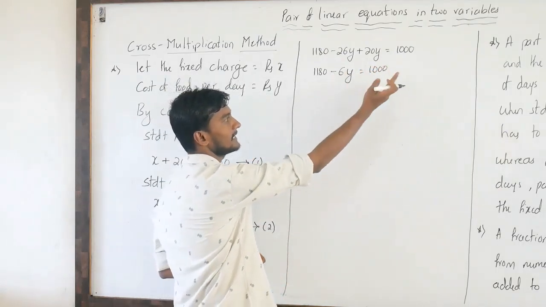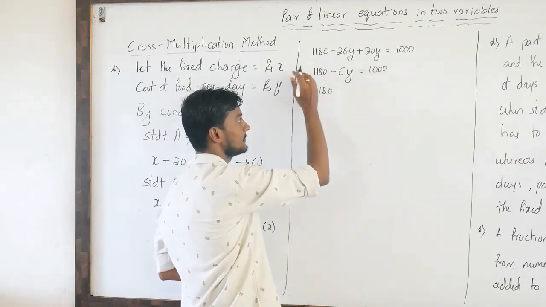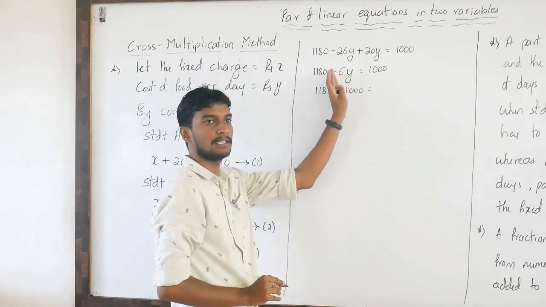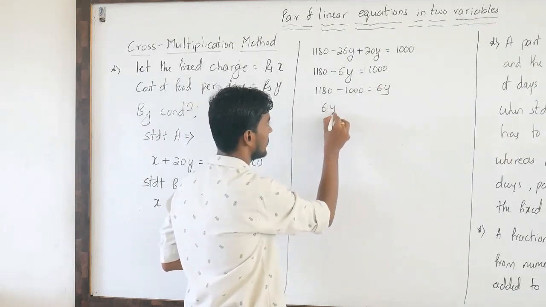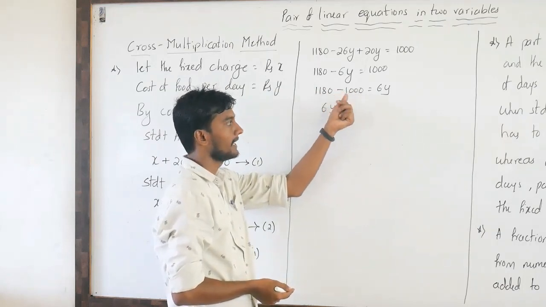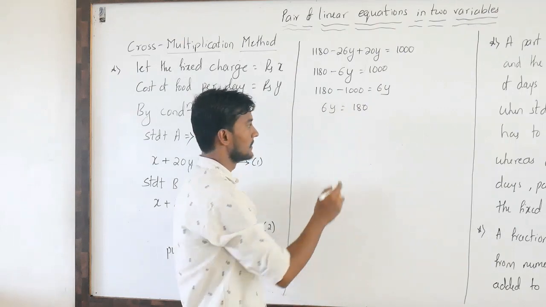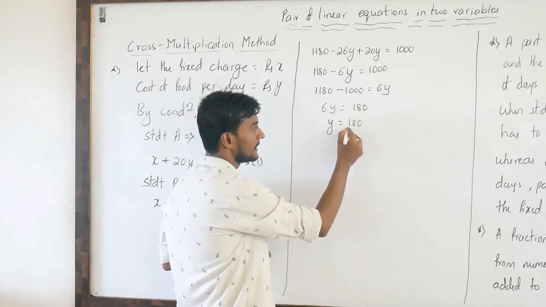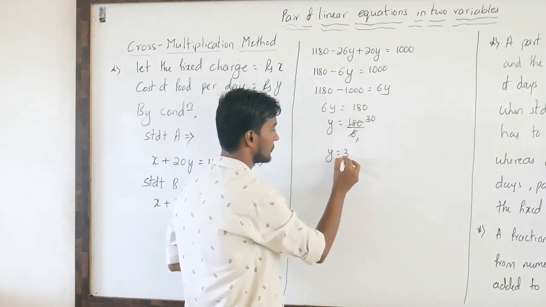Take this 6y to that side and bring the 1000 to this side: 1180 minus 1000 is equal to 6y. So 6y is equal to 180. Taking 6 to the other side, divide by 6. 6 ones are 6, 6 threes are 18, so y is equal to 30.